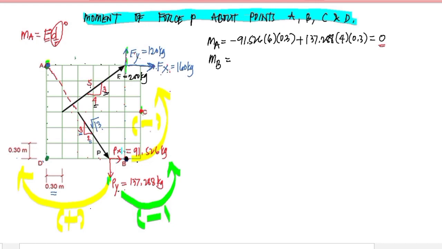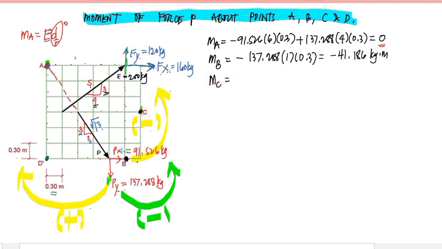So we have here the moment at point B, si Py, that's negative 137.288 multiplied by the perpendicular distance. Since ito si Py, so ito yung perpendicular distance, that's 1. So we have 1 times 0.3. And computing for this, we have negative 41.186 kilogram meter.